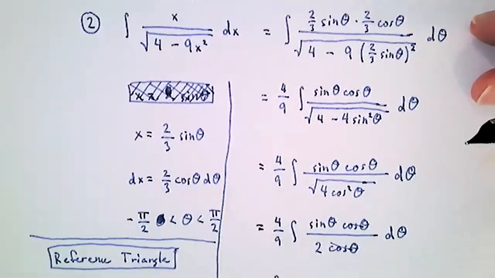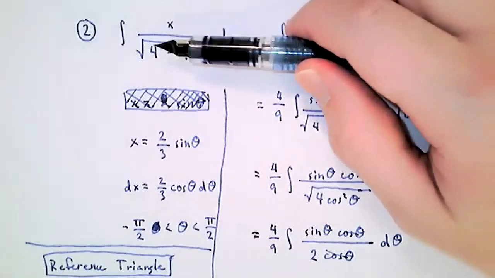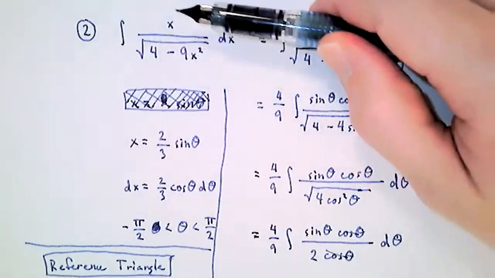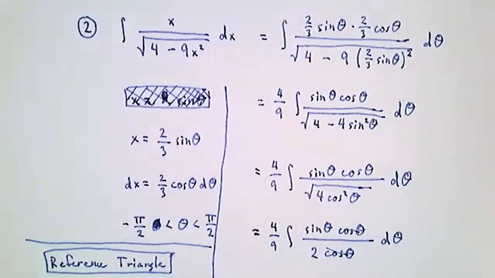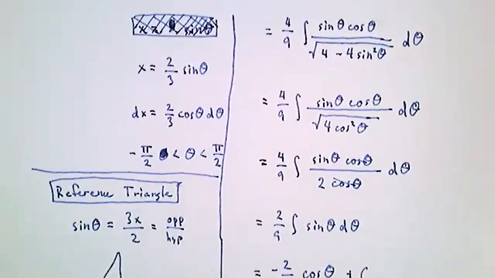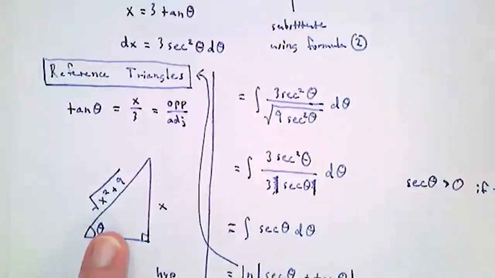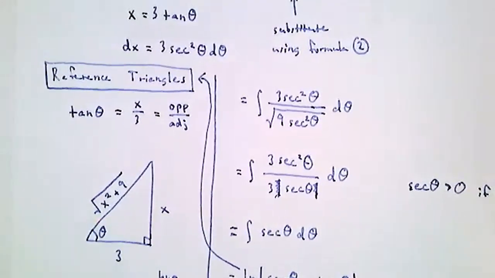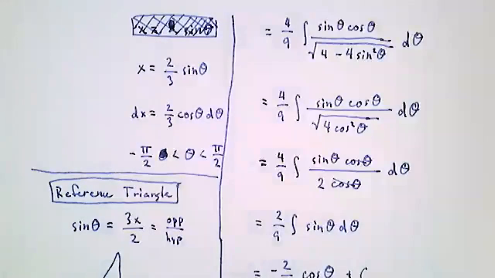And no, it's not always going to work out that way, but it does often work out that one of these pieces of your integral will match up with a side on the reference triangle. I guess in this particular example, that was the missing side, and it was the bottom of our fraction that we started with on that one.